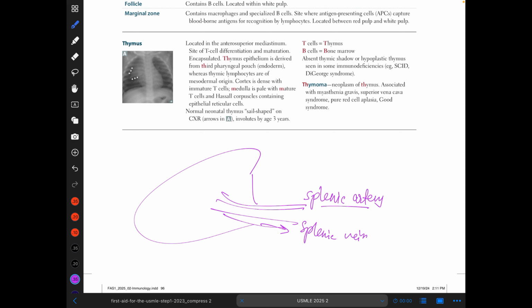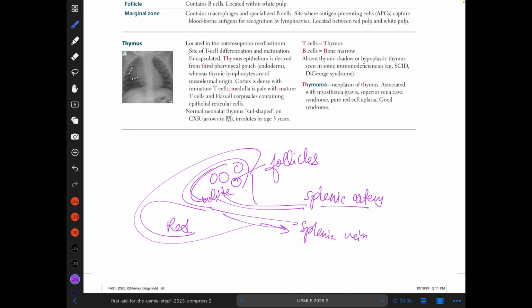There are two parts, white pulp and red pulp. These pulps further have their own important structures. The white pulp has three important structures. First is follicles.